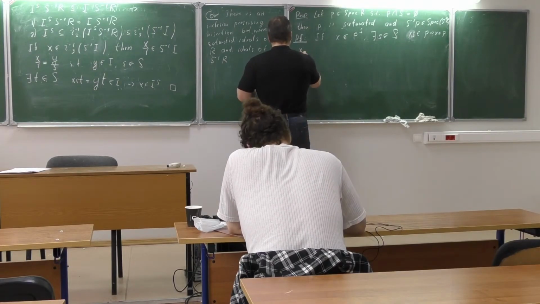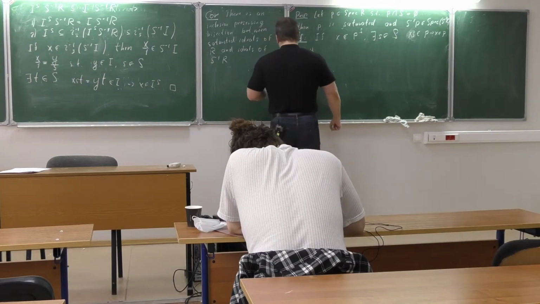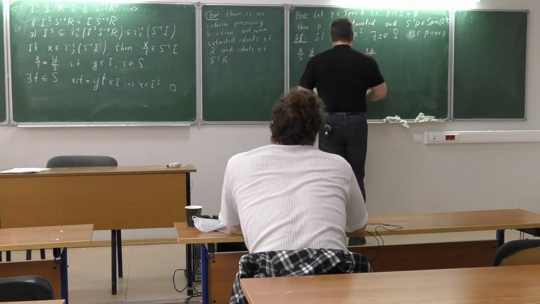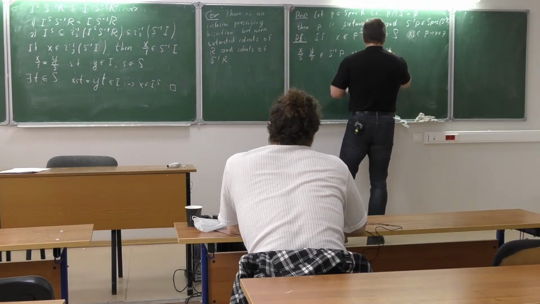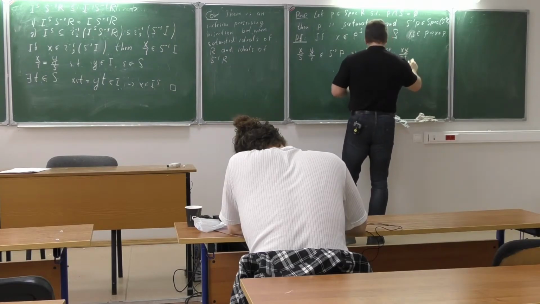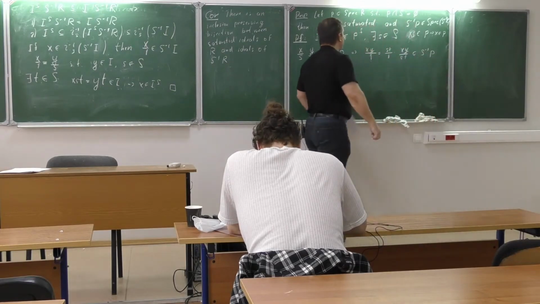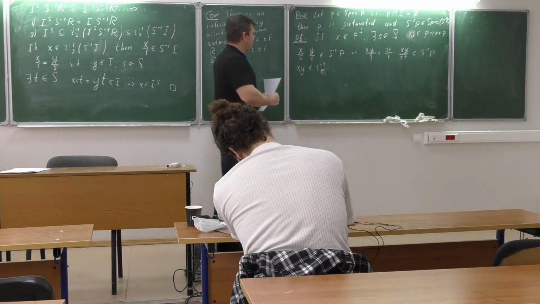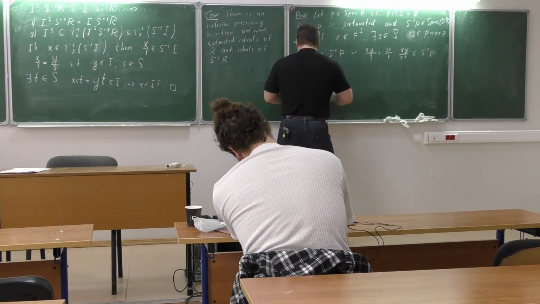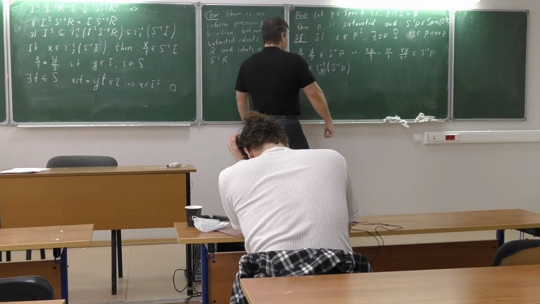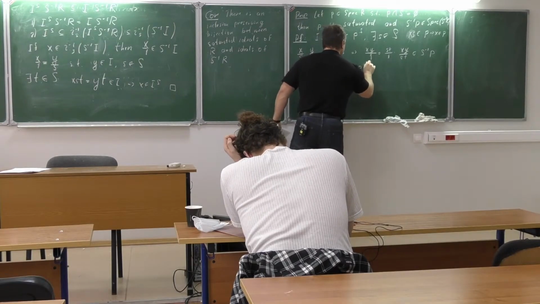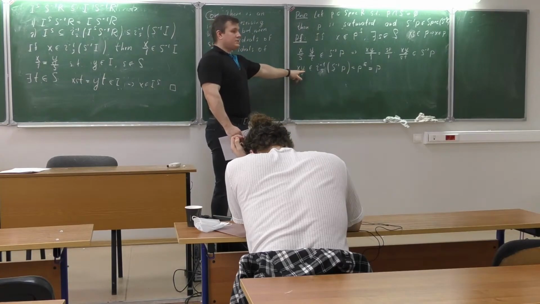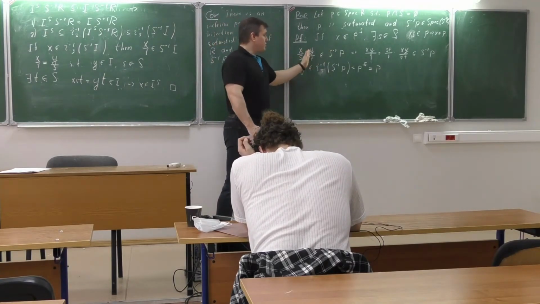Take two fractions, x over s and y over t, such that the product is in the localization of the prime ideal P. Then xy over 1 is the same thing as st over 1 times xy over st. This is again in the localization of the ideal P. So then xy belongs to the pre-image under the map iota of S inverse P. We know that this is exactly the saturation of the prime ideal P, and P is saturated, so this is in P. But if this is the case, x is in P or y is in P. And if that is true, then the first fraction is in the localization, or the second fraction is in the localization.